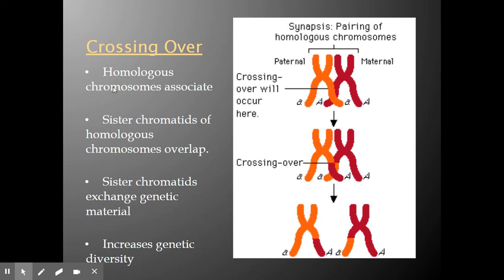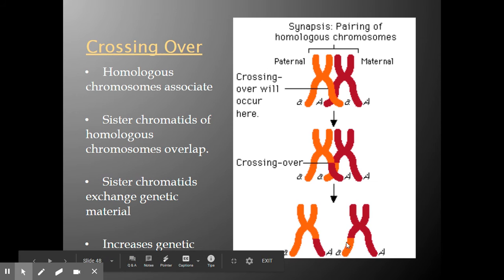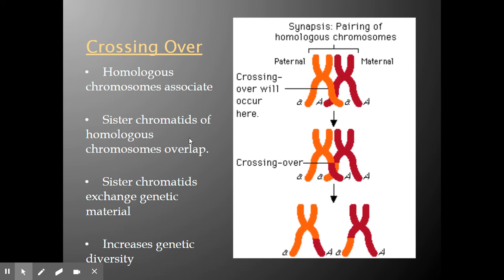Okay? And the way it does that is they crisscross over and pinch off where they meet. And so now the paternal will have part of the maternal chromosome and the maternal will have part of the paternal. The reason that this happens is because it increases genetic diversity, which is a good thing. So this is something that happens during prophase 1, right at the beginning of meiosis.